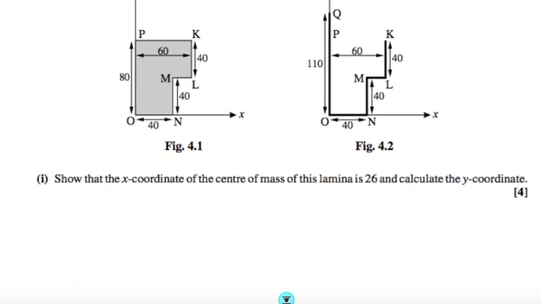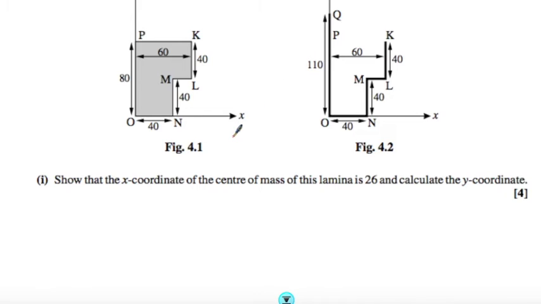So now if we work out the total length to get its total mass, so that's 110 plus 40 plus 40 plus that ML will be 20 plus 40 is 250.